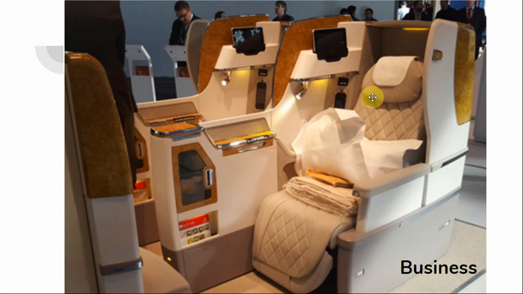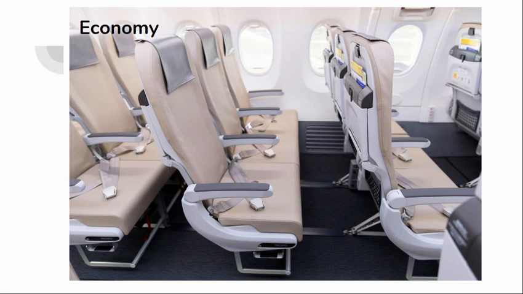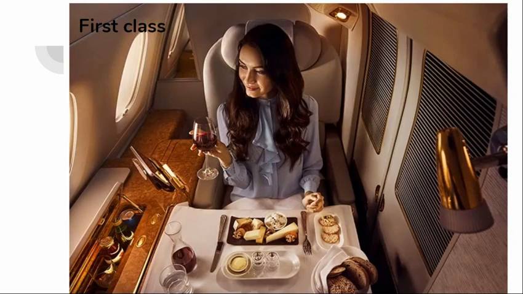You can pull different screens, etc., and different features. And then there is first class. This is the most expensive and most luxurious class in an aeroplane. So we have three classes. First is economy class, second is the business class, and third one is first class.